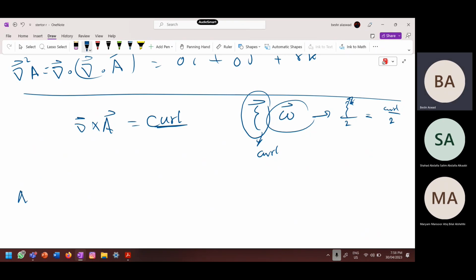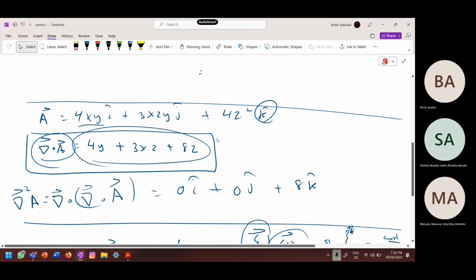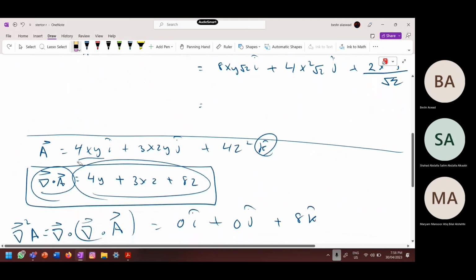Now, let's say that we have the vector of, I want to use the same vector here. Hmm.